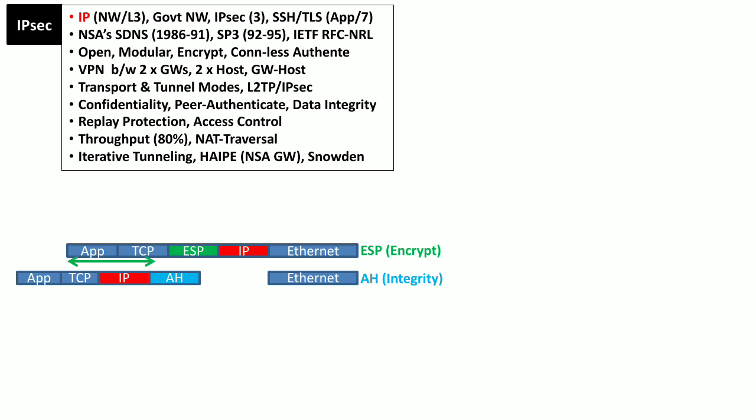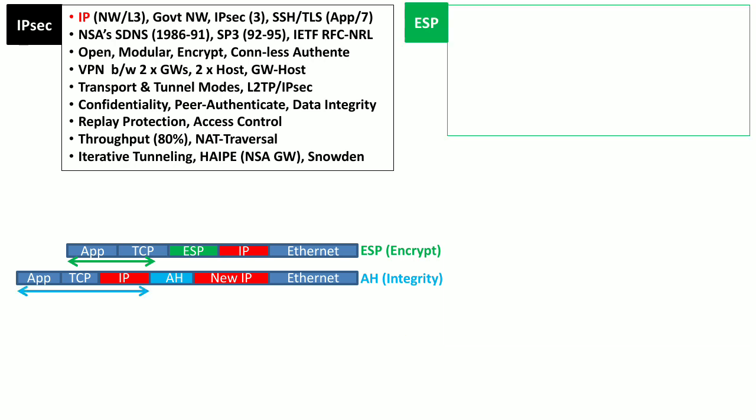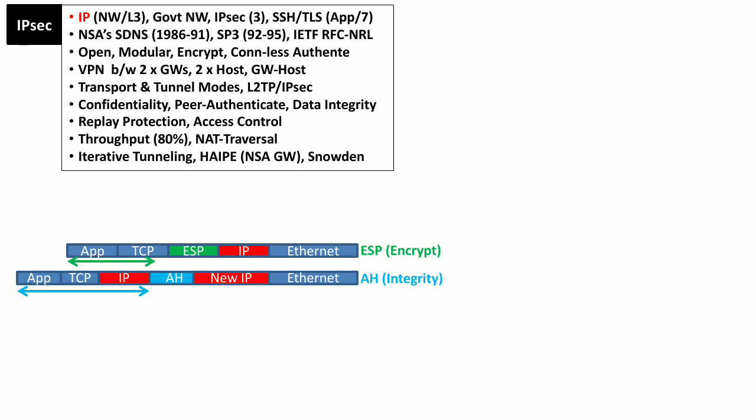So it provides data integrity and non-repudiation to the data above it. It also adds a new IP header, and it covers the IP header and all the IP payload. So the ESP header does not do anything with the IP header, but AH also includes the IP header.